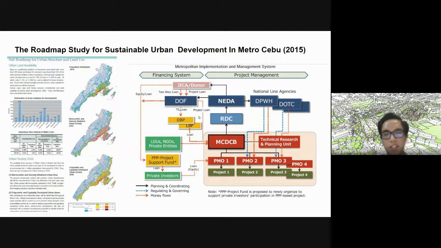Within that budget, they need to not only budget the construction costs and the labor costs, but also the professional costs for those who are managing those projects. So for me personally, I feel like a lot of the urban infrastructure in the Philippines is very weak, and I think a lot of foreigners also agree.